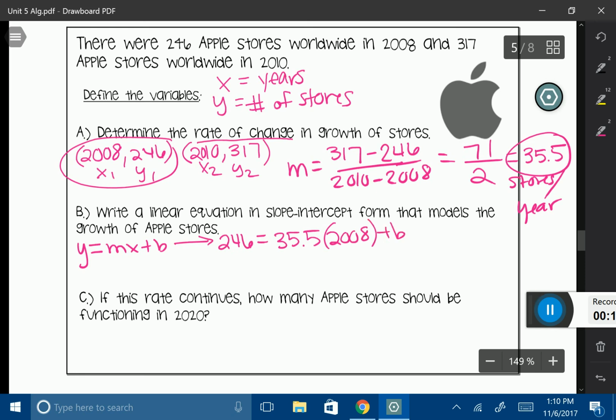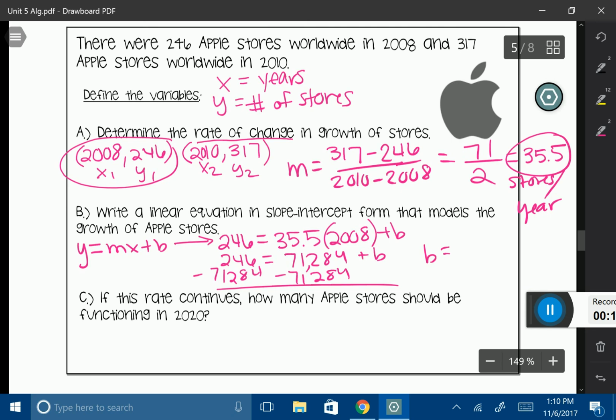Now you're going to find here that it's going to be kind of a big number. So 246 is equal to 71,284 plus b. And you got it. I'm going to go ahead and subtract that from both sides, just like I've been solving these equations. So let's see what my b is.